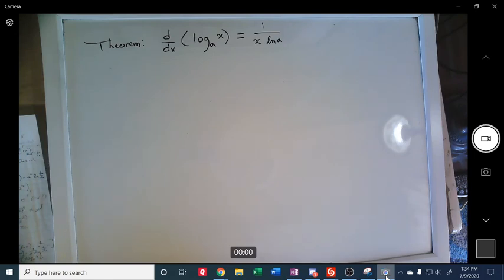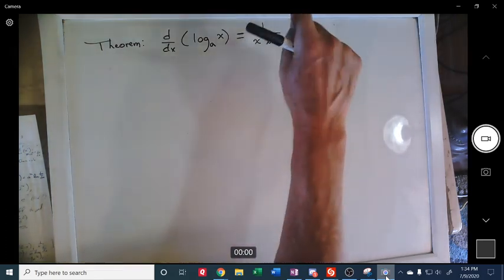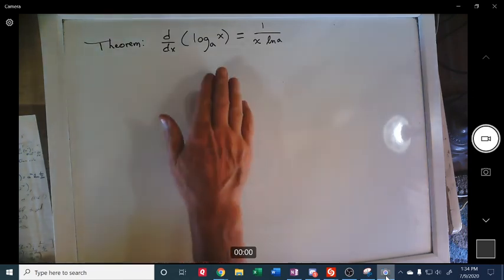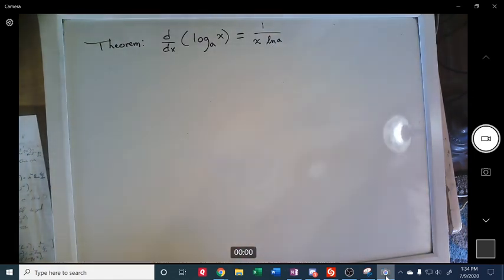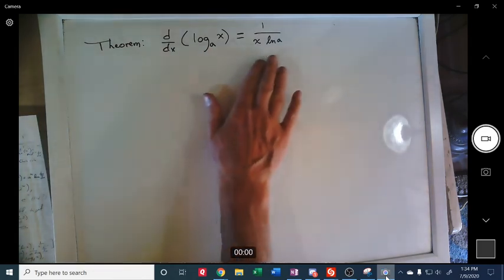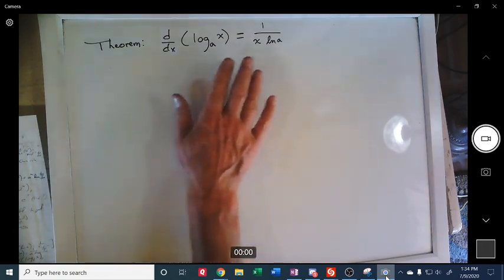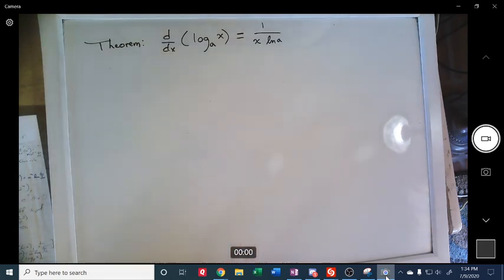At first, when I was first learning this, I was like, oh, how am I going to remember to put this in the denominator? Might I put it up here? And then I finally realized, if there is a denominator, that's where the penalty factor goes. The other one didn't have a denominator. So, when you take the derivative, if there's a denominator, the penalty factor goes in the denominator.